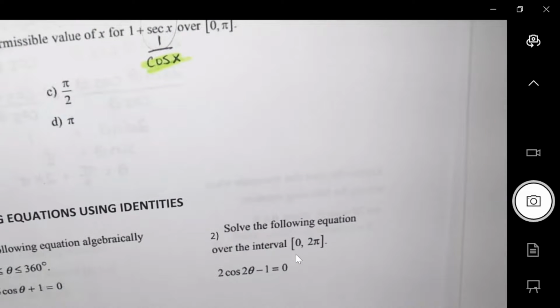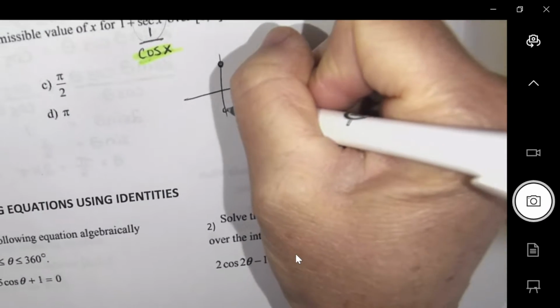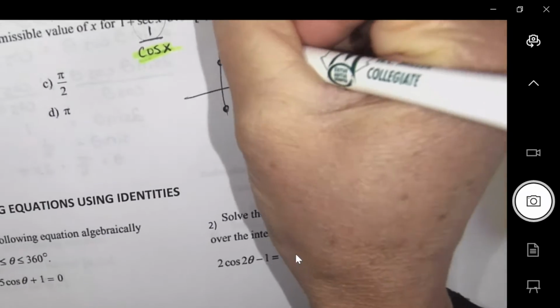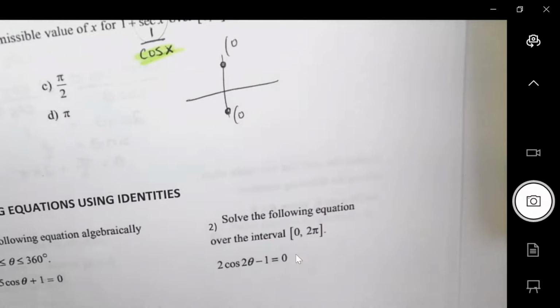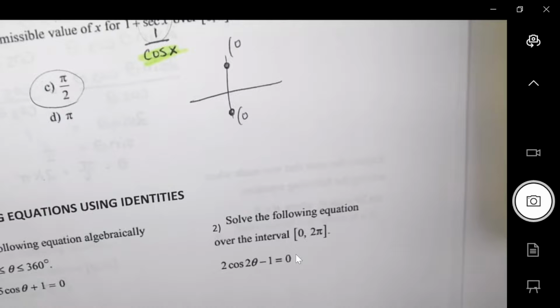So where does that happen? It happens in those spots. So you could answer that one. That one would be a not allowed.